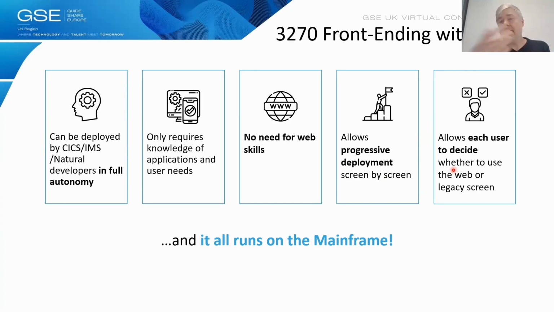So depending on the URL that they enter, they will be connected to the modernized version or to the 3270 version. So the user gets to choose which version of the application they will use to work with every day. And of course, it all runs on the mainframe because Virtel is on the mainframe, and it's all controlled by started tasks that run on the mainframe.